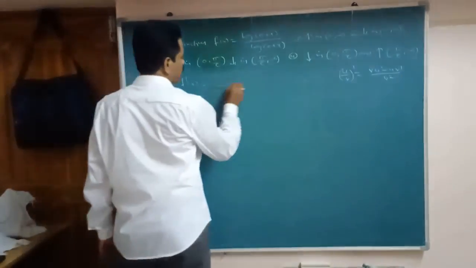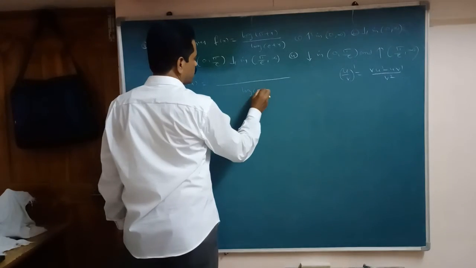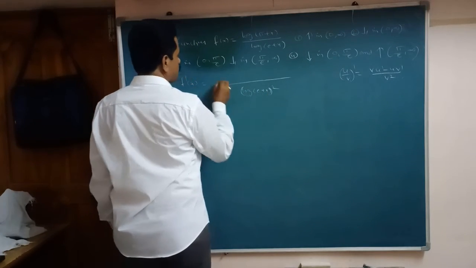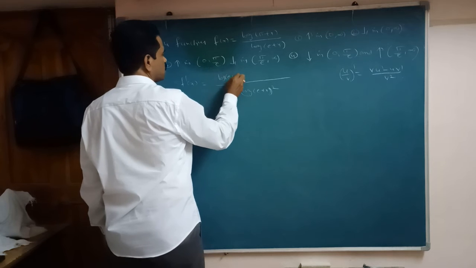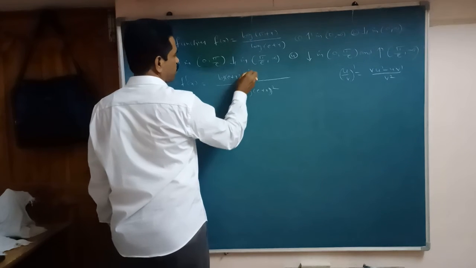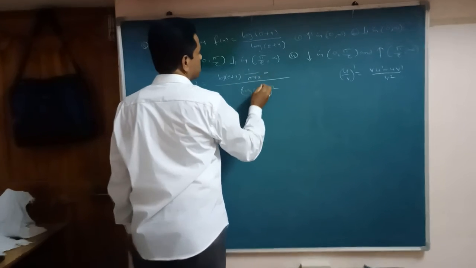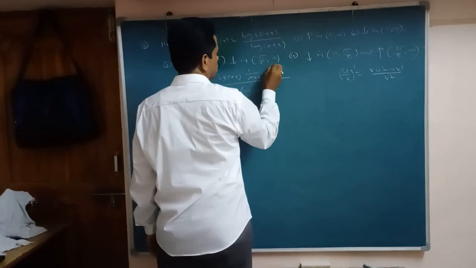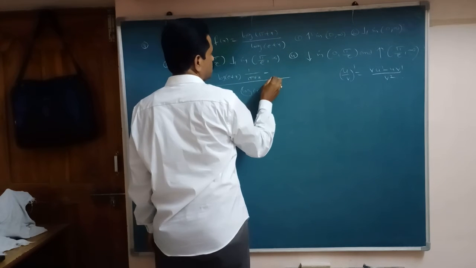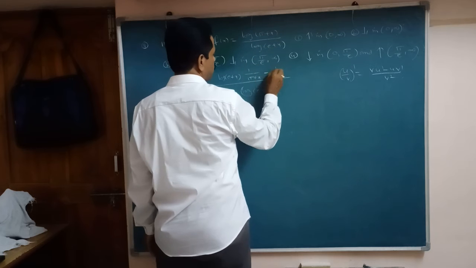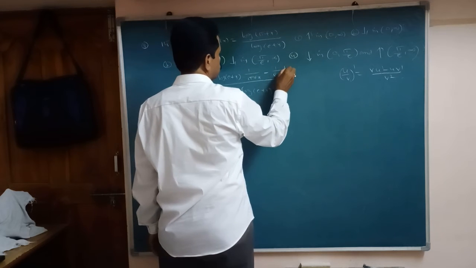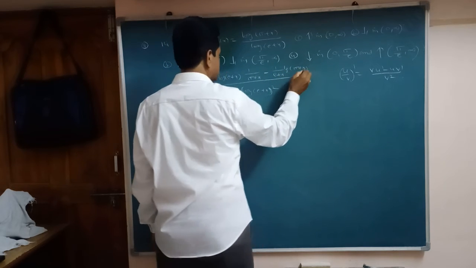F dash x has denominator log of e plus x whole square, and in the numerator log of e plus x into u dash, 1 by pi plus x, minus u into v dash, 1 by e plus x into log of pi plus x.